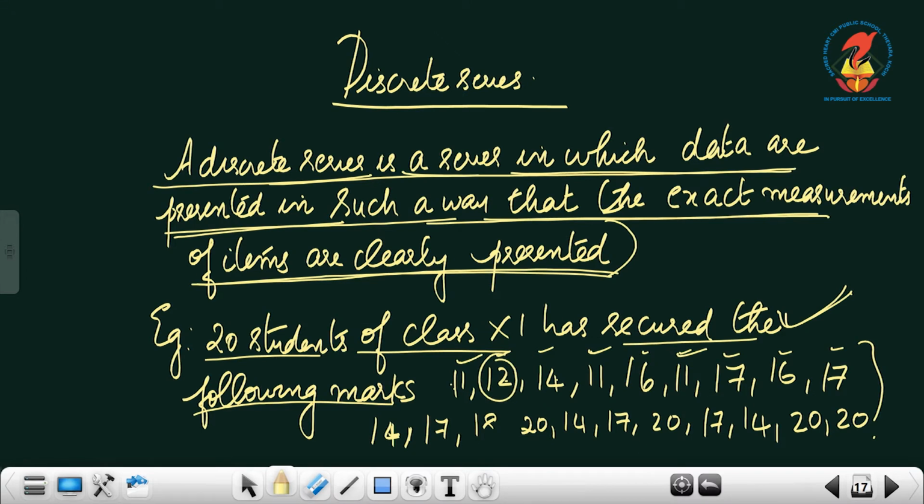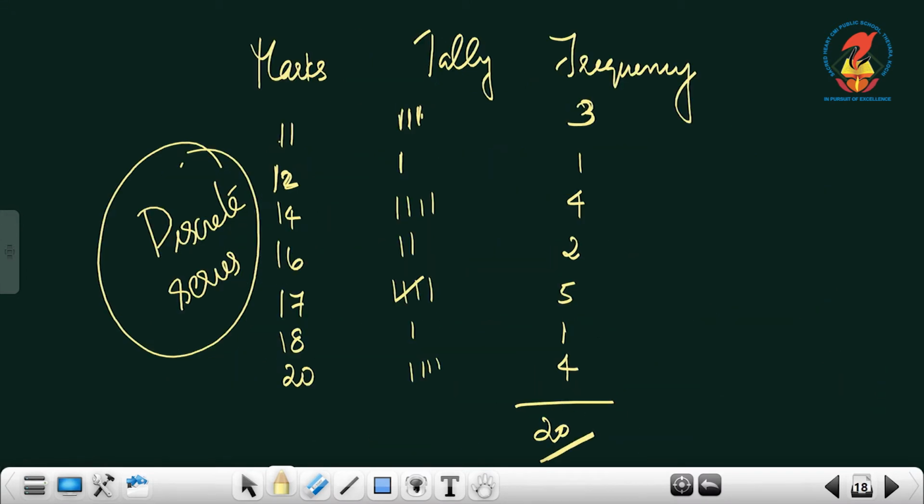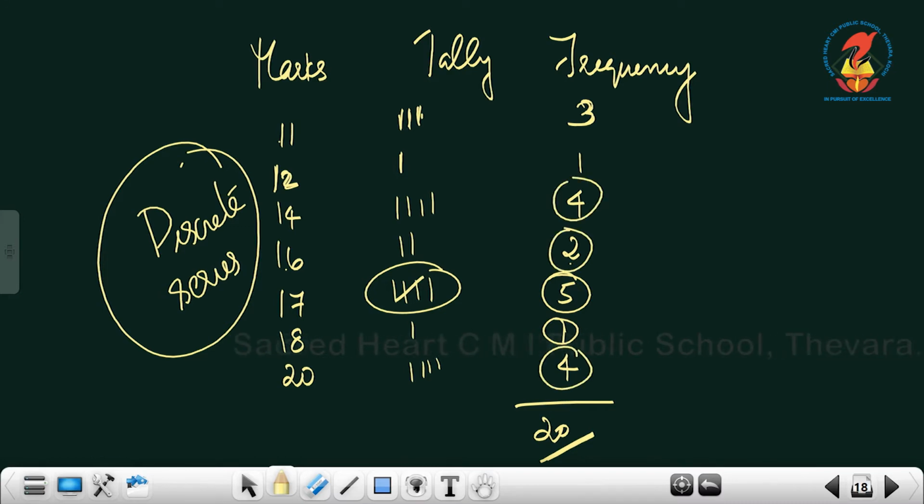Only one 12 we can find here. Therefore 1. Now 14, four students have secured. 16, two students. 17, five students have secured, four and cross. 18, only one student. 20, four students.